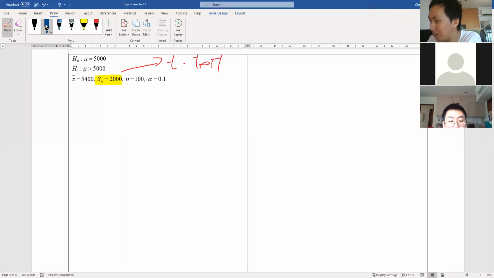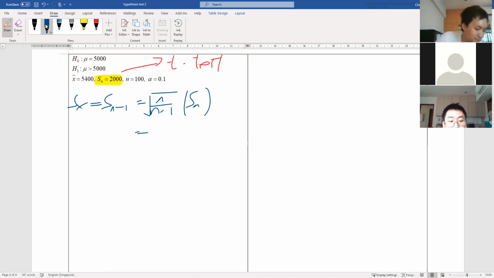So remember your Sx, which is equal to Sn minus 1, is actually equal to square root of n over n minus 1 times Sn, which is equal to, in this case, 210 divided by 99 to the power of 0.5 times 2000.